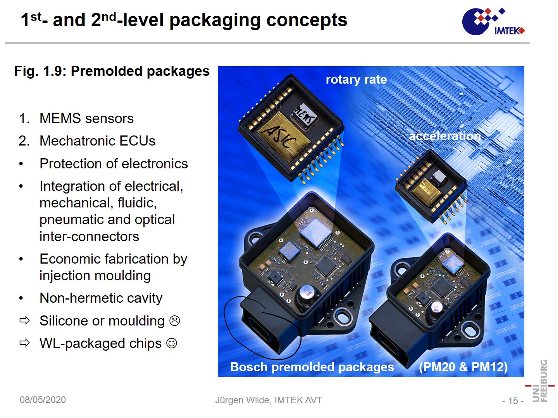So acceleration sensors are by far not as complex as rotary rate sensors, so the complete system is very cheap, very much smaller. Also, this helps Bosch to satisfy different customers.